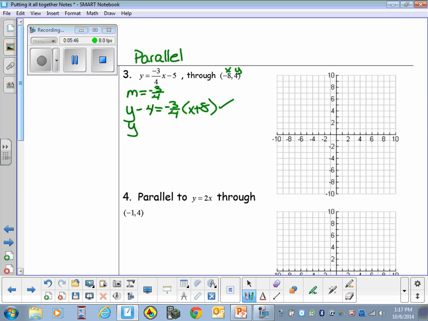Point slope form is done. I need to distribute the negative 3/4, so y minus 4 equals negative 3/4 x minus 6. Add the 4. Y equals negative 3/4 x minus 2. Slope-intercept form is done. Down 3 to the right 4.